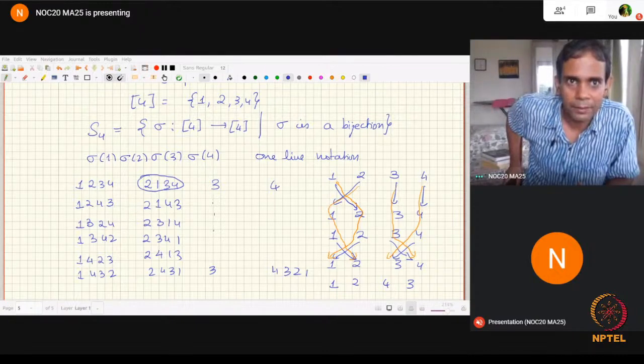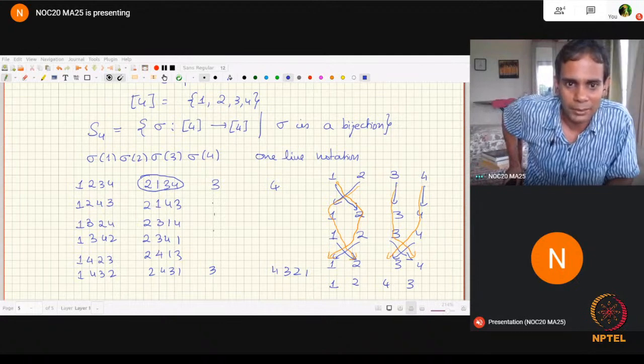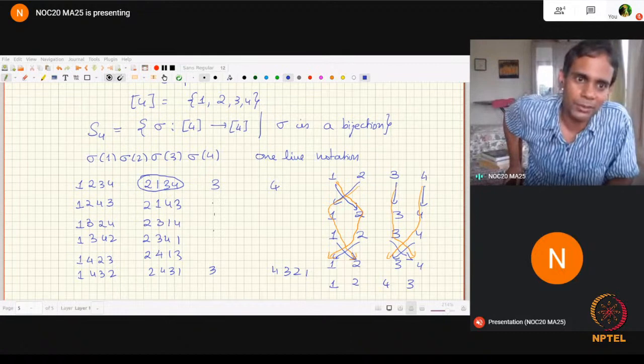For example, in spectroscopy, the wavelengths that a chemical molecule absorbs are determined by its group of symmetries. So it has a lot of applications. Again, in relativity, there's a group of symmetries of space-time which plays an important role.